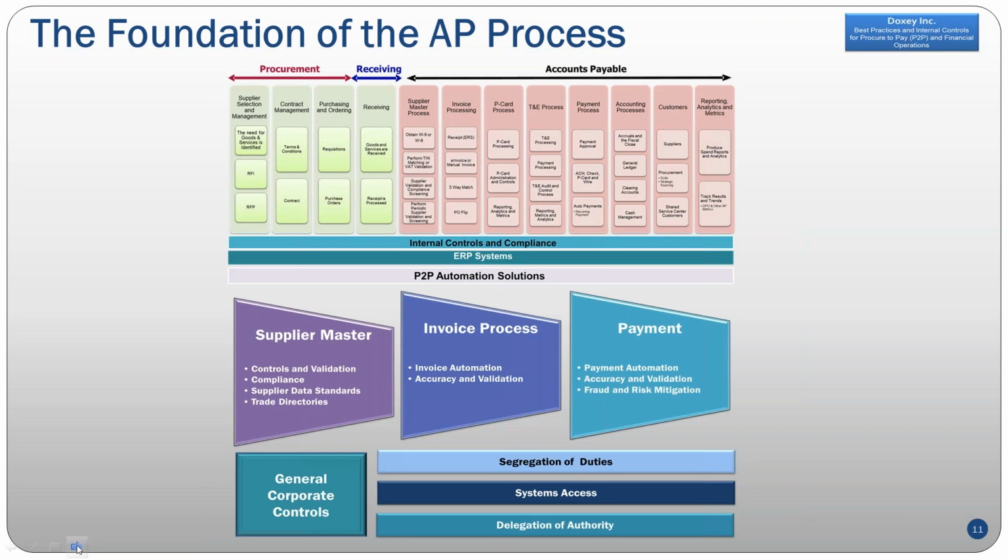So that drives the invoice process, making sure that invoice automation is considered with accuracy and validation, resulting in strong, solid payment processes, payment authorization and automation, accuracy, validation, and making sure that fraud and risk are mitigated. And the foundation for that process, if we think about the general corporate controls that actually fit into the P2P process and many other processes, look at segregation of duties.